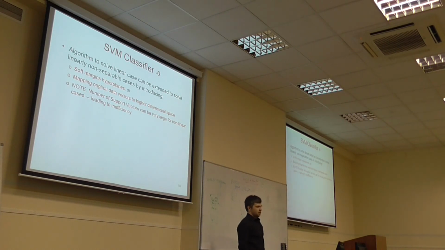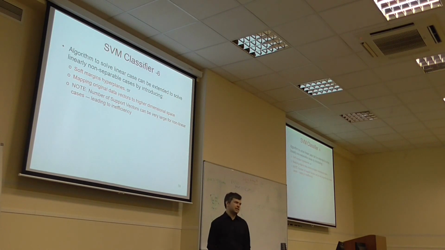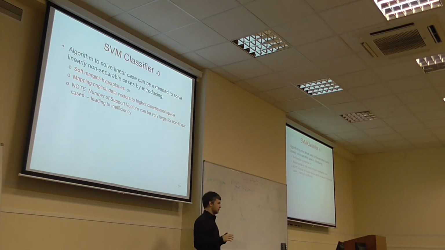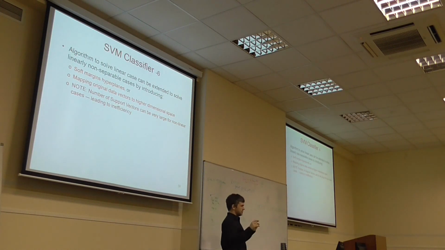For example, sometimes our data is not so nicely separable as in the picture I showed. So in this case, they introduce the so-called soft margin, which expands the initial equation of SVM.